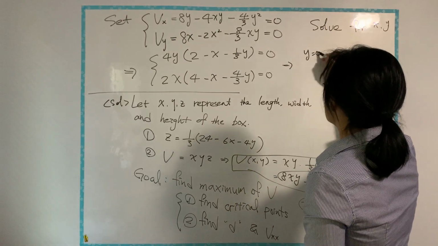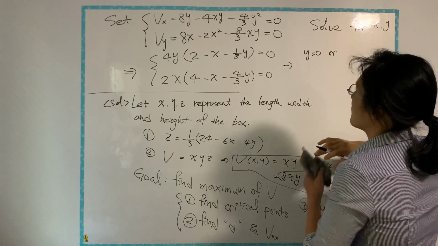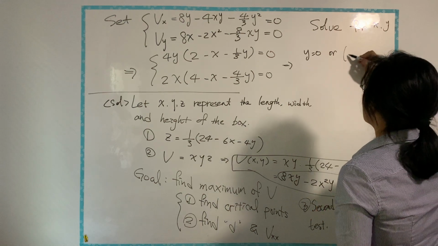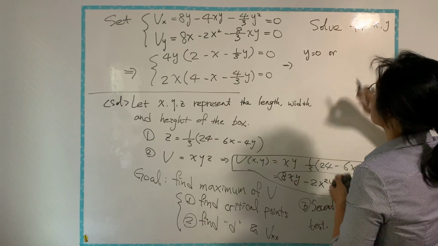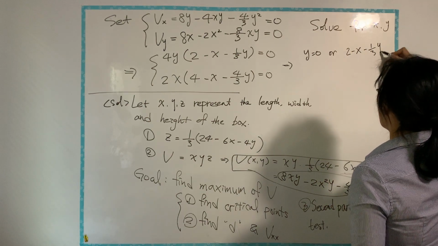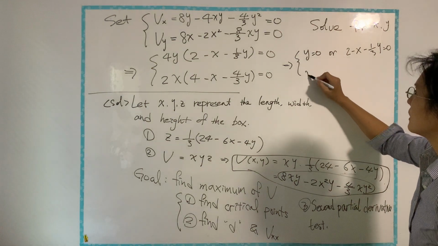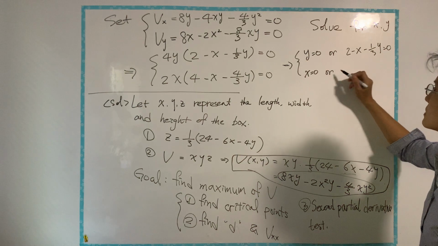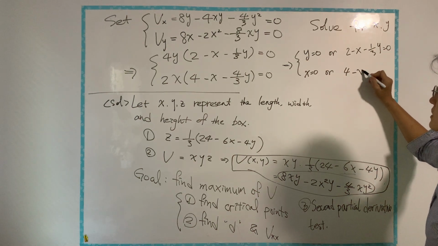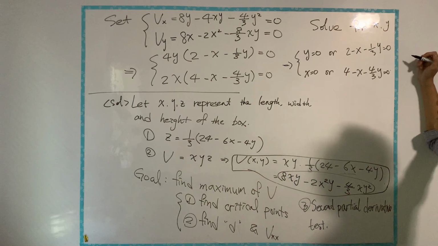It's either y equals 0 or 2 minus x minus 1/3 y equals 0, and x equals 0 or 4 minus x minus 4/3 y equals 0.